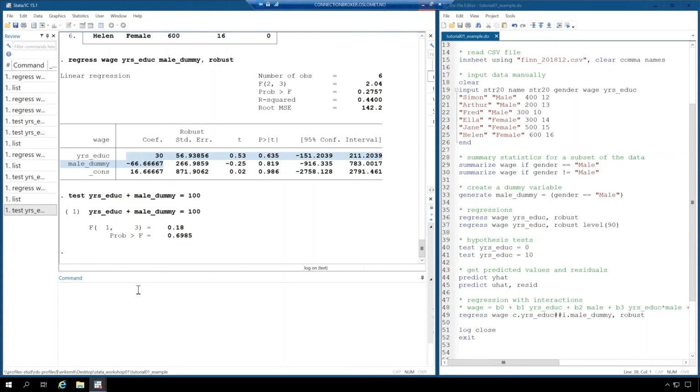So here we cannot reject this null hypothesis because we can't find support for that in our data. And this is a quite simple way to test different null hypotheses, which are combinations of the population parameters.